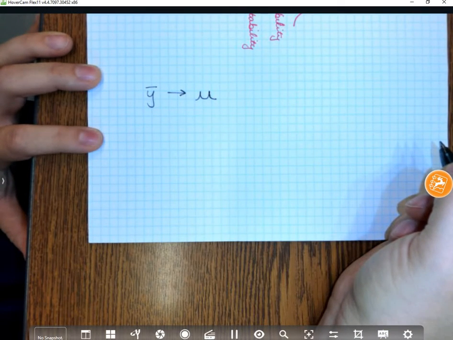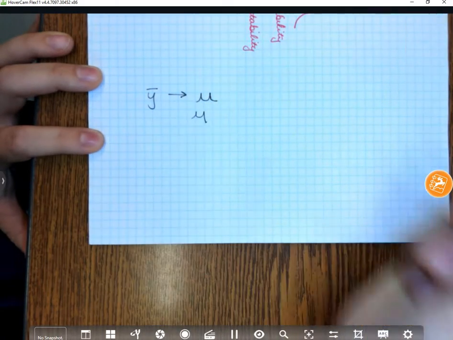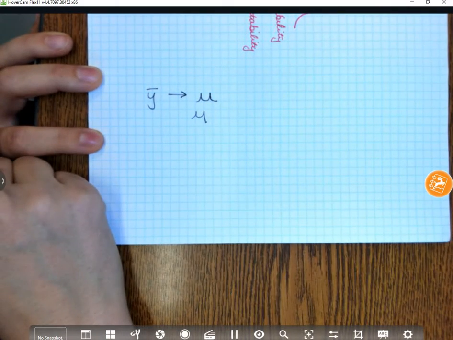Sometimes you will see it written like that. It is not an M. It is not a U. It is a mu.